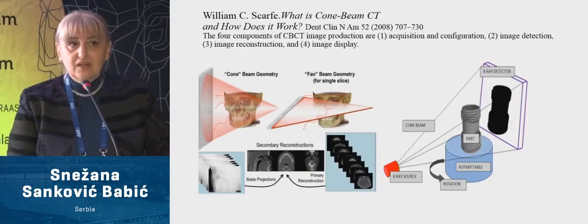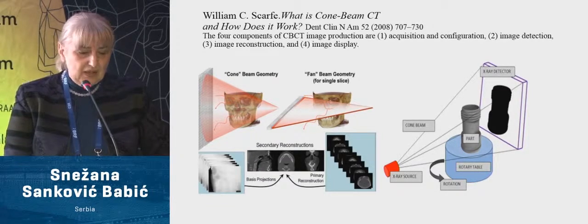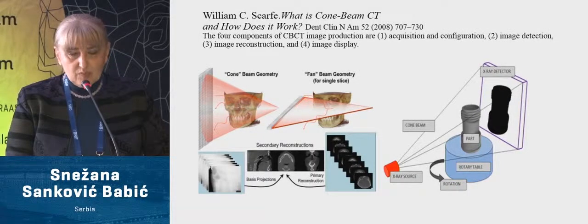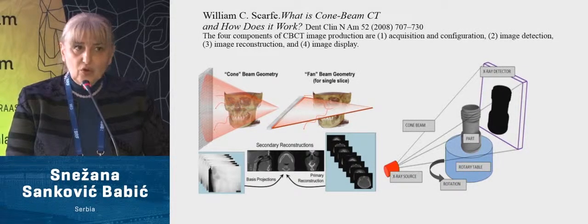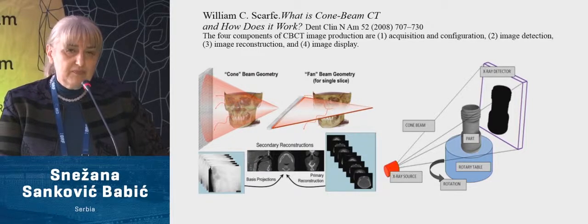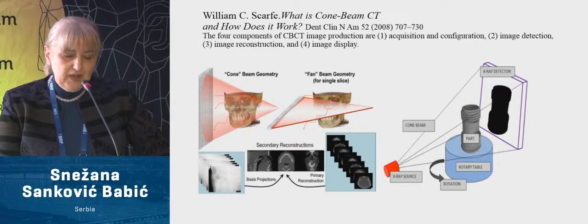Technically, what is the main technical difference? In the so-called cone beam geometry, the X-ray in a cone beam shape goes through the object of imaging, and for only a short period of time, one beam is sufficient to get enough data to have a perfect image on the computer screen.